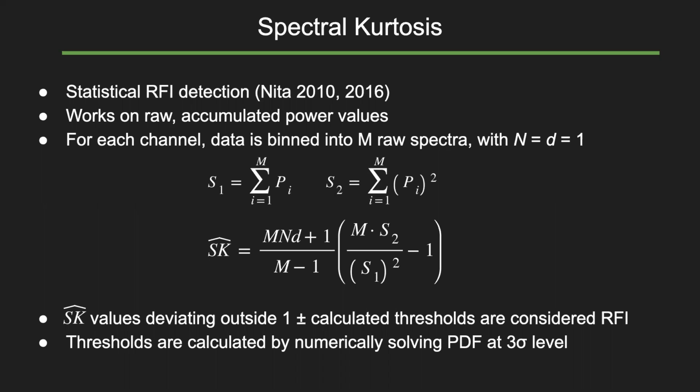That's a basic thing I'll get to in a sec. So for each channel, you have M power values, and you calculate these two sums, the sum of the power values and the sum of the squared power values. And with that, you calculate this SK estimator value. And there it is.